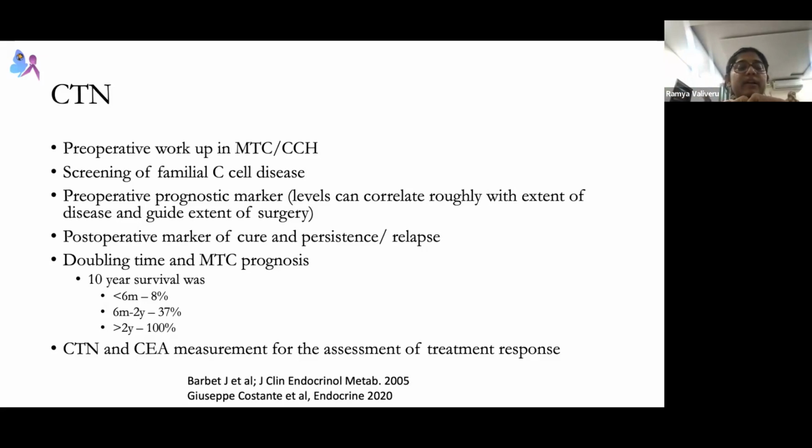It is also a postoperative marker for cure, persistence or relapse, though not very reliable, but still a good postoperative marker. It is a prognostic marker in terms of doubling time. The 10-year survival is about 8% only if the doubling time is less than 6 months, and if the doubling time is more than 2 years, they are expected to live at least 10 years.